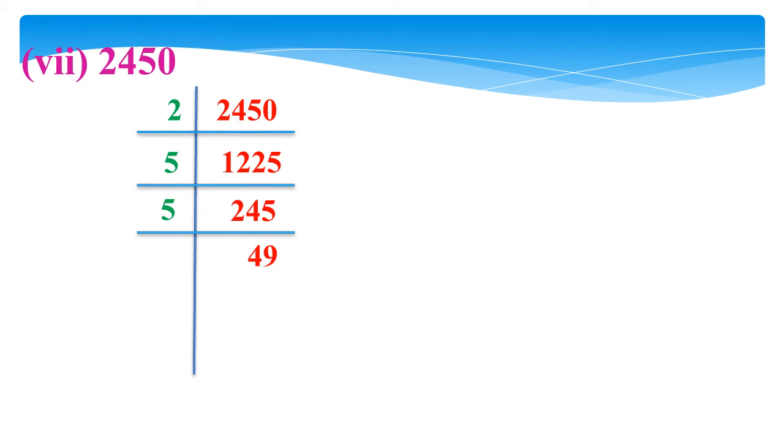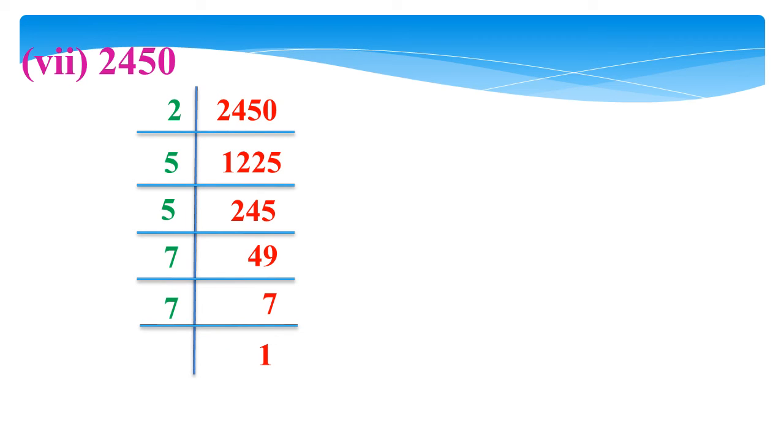49. 49 is divisible by 7, so we write 7 to the left of 49 and dividing 49 by 7, we get 7. Again 7 is divisible by 7, we get 1.